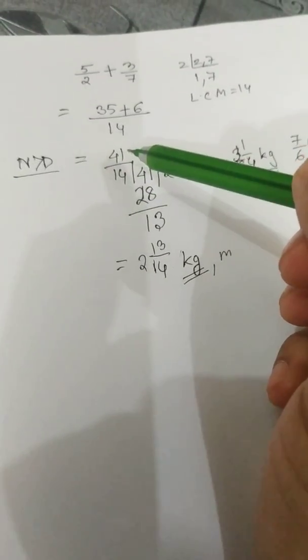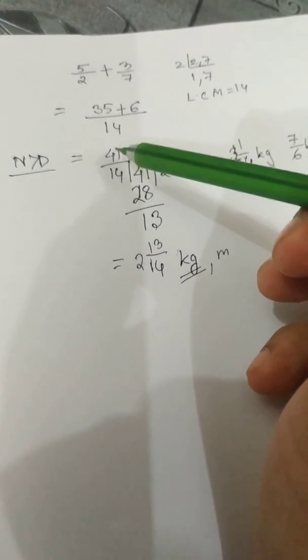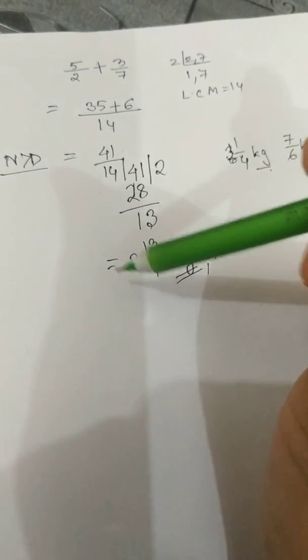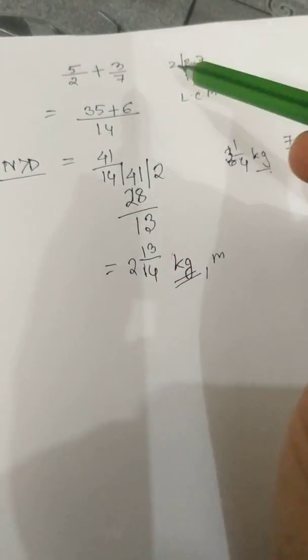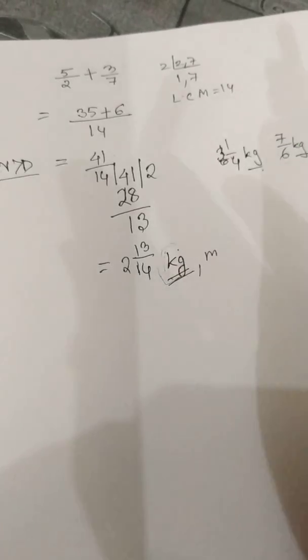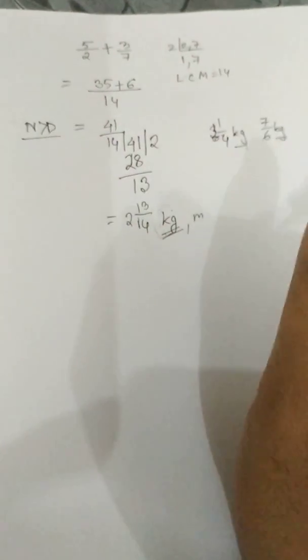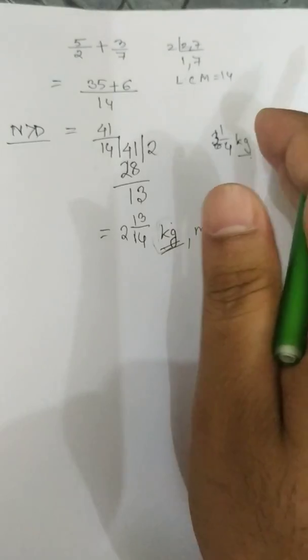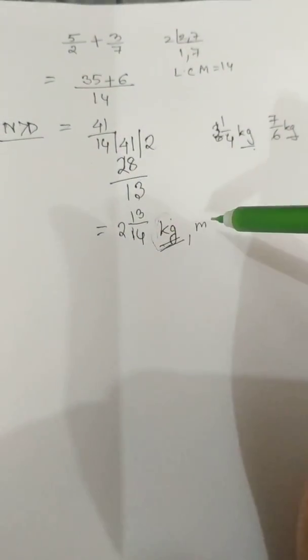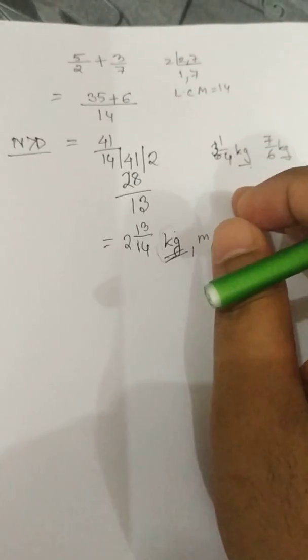So if you get an improper fraction after adding or subtracting, it's your responsibility to convert it into a mixed fraction. Also, don't forget to write the unit, that is kg or meter, whatever is given in the question. If there is no unit mentioned in the question, you don't need to write the unit. I hope this is clear.